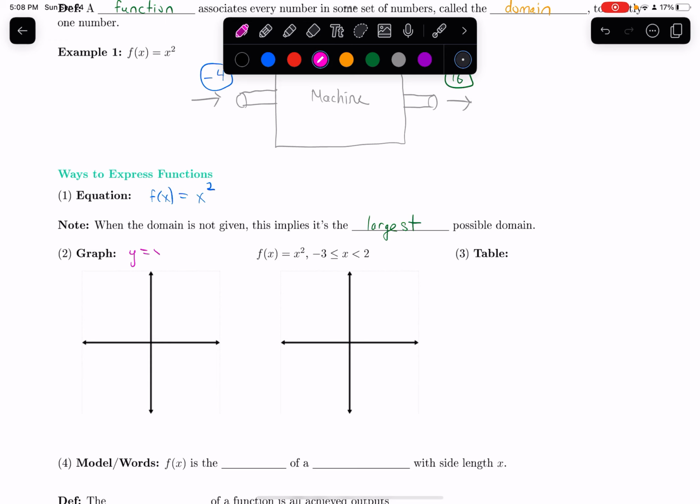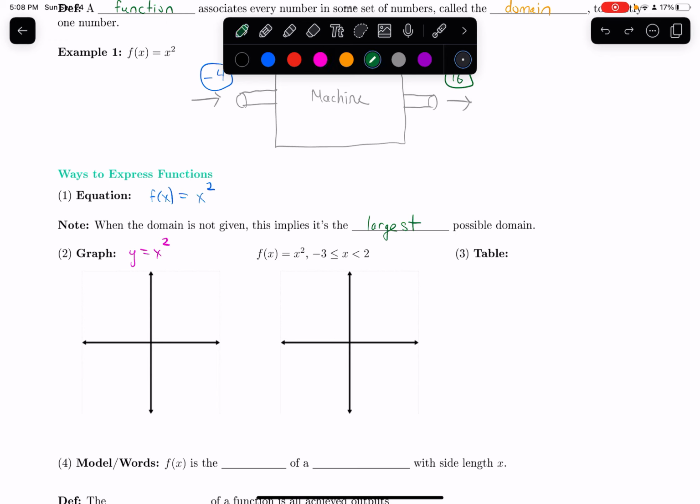And currently in the formula, there's no domain that's specified. And because of that, it means plug in all the x values, all the inputs that we can. And when we plug in any number in for the x, I'm never going to end up with something undefined. Like I'll never divide by 0. I'll never get a square root of a negative number or anything that makes it undefined, no matter what number I plug in. So that means the domain is going to be the largest possible thing.